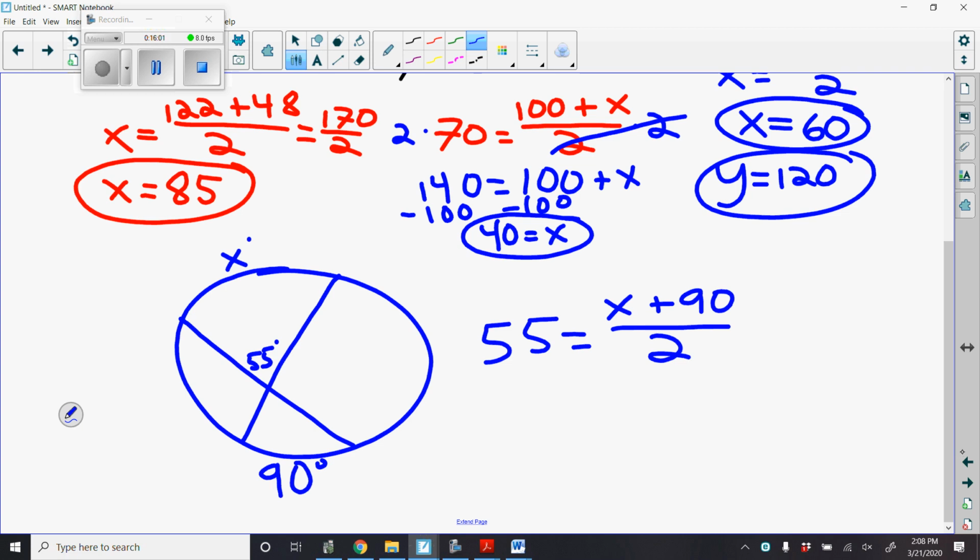Now to solve this thing, to get x alone, I'm going to multiply both sides by 2. I'm going to get 110 equals x plus 90. And solving for x, I'm just going to subtract 90 from both sides.